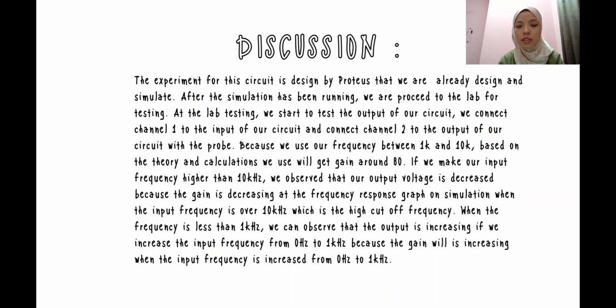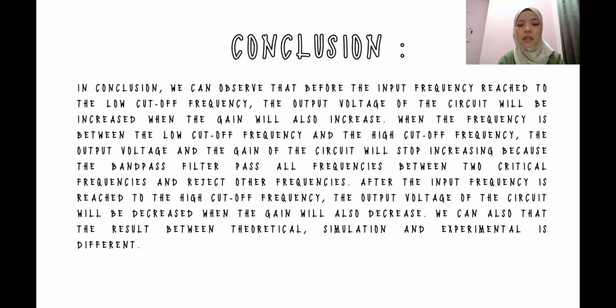So the last part is the conclusion. In conclusion, we can observe that before the input frequency reaches the low cut-off frequency, the output voltage of the circuit will increase, and the gain will also increase.